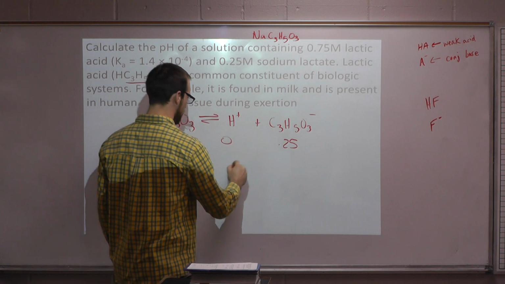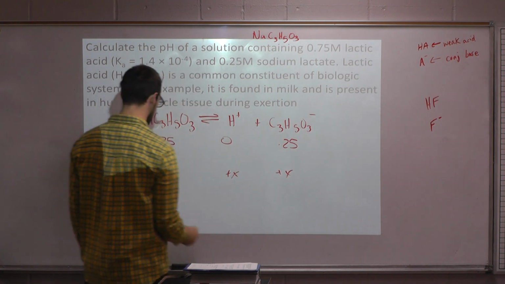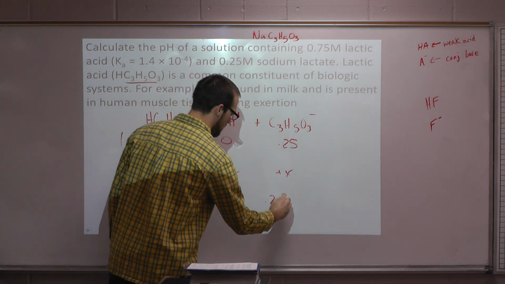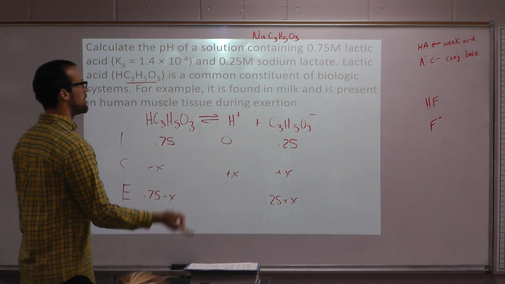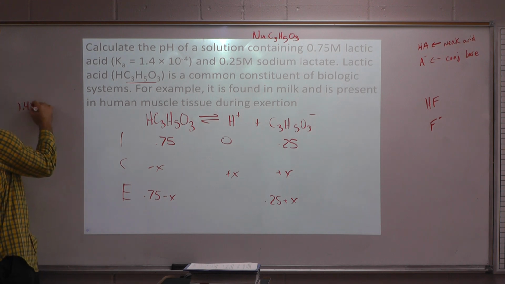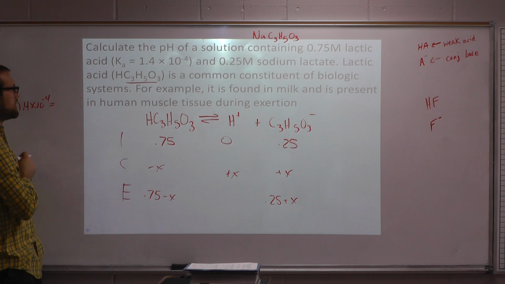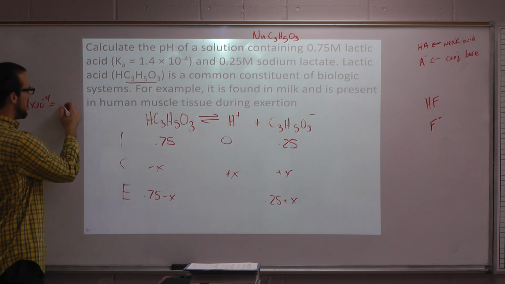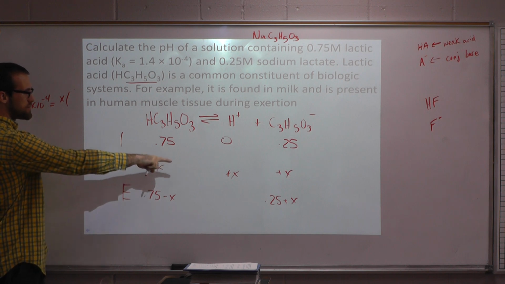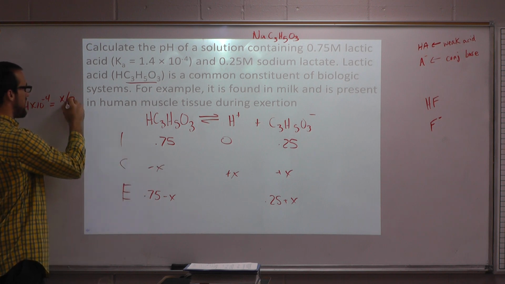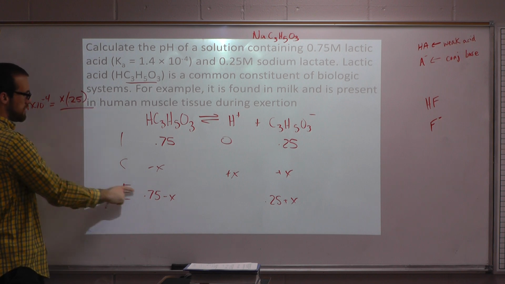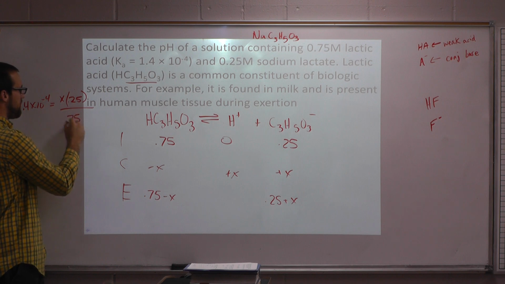Minus X, plus X, plus X. 0.75 minus X, 0.25 plus X. We plug it into our equilibrium expression. Our K is 1.4 times 10 to the negative 4 equals my X times 0.25, over 0.75.